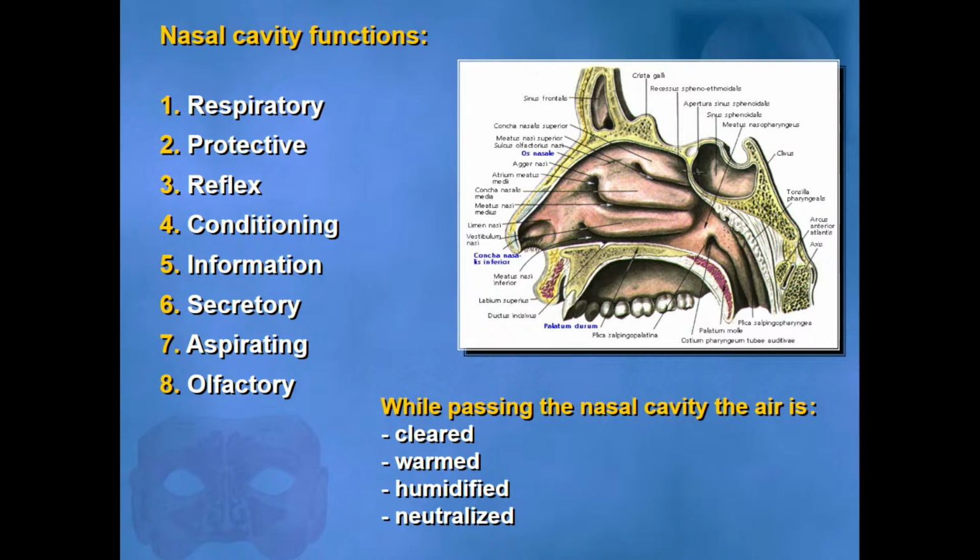Aspirating means that mucus produced in the nasal cavity is moved with mucociliary transport to the nasopharynx and then normally is aspirated. And olfactory is olfaction, it is clear. So as you can see, while passing the nasal cavity, the air is cleaned, warmed, humidified, and neutralized from different antigens.